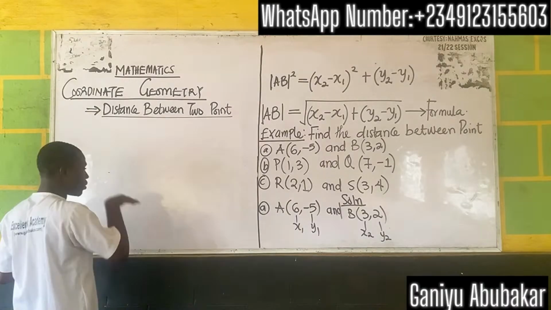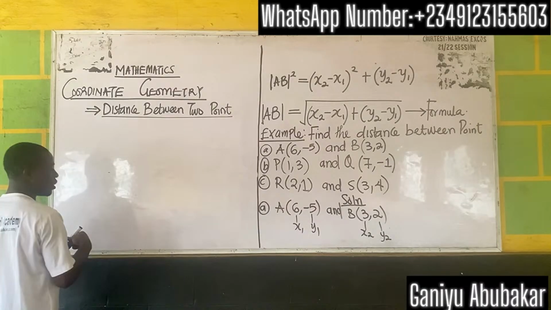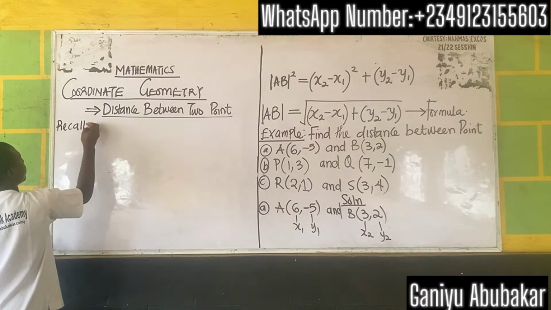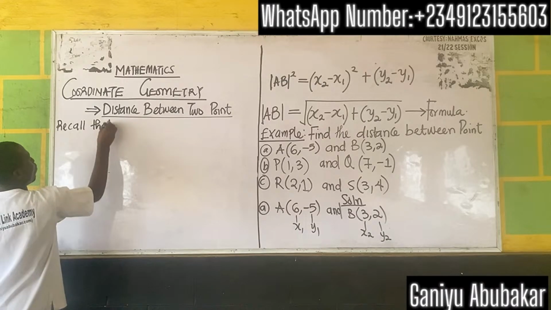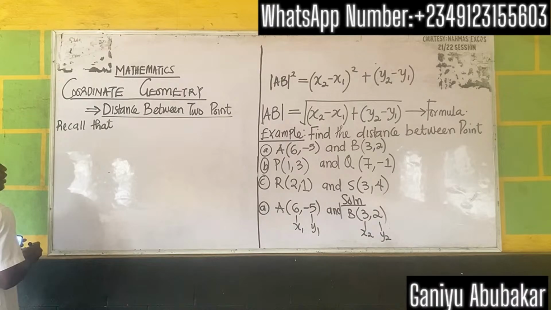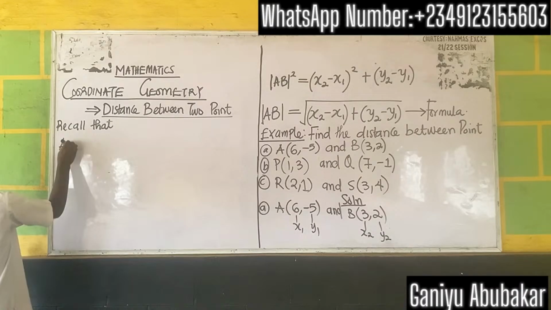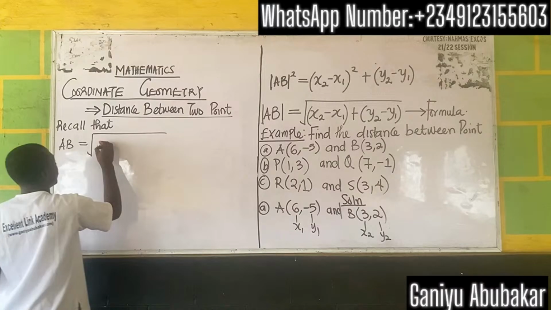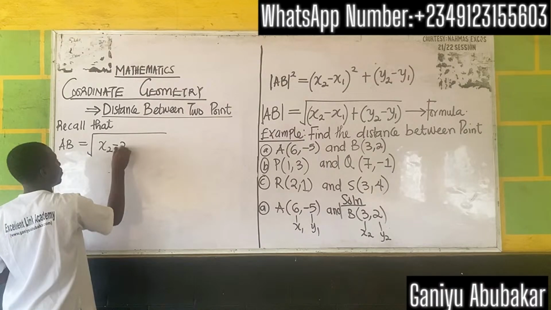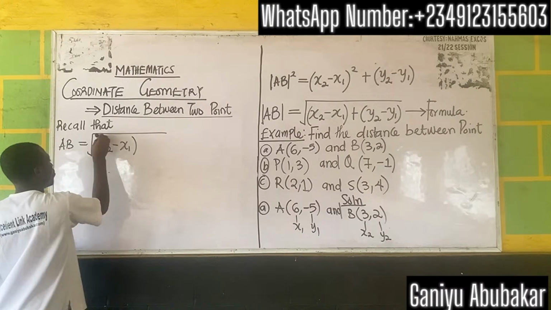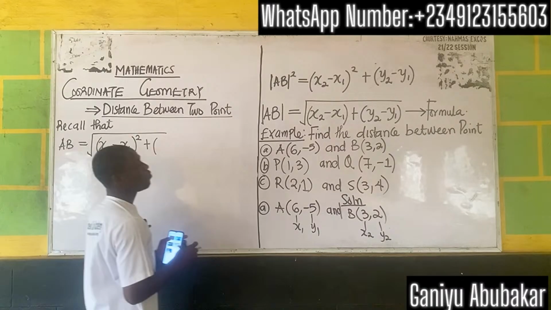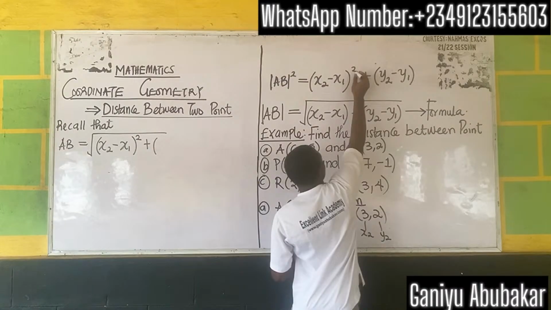Alright, so I have to recall the formula. So recall that when you are asked to find the distance between 2 points A and B, that gives you AB equals the square root of x2 minus x1 all squared plus, please don't forget this, this square should come down here.